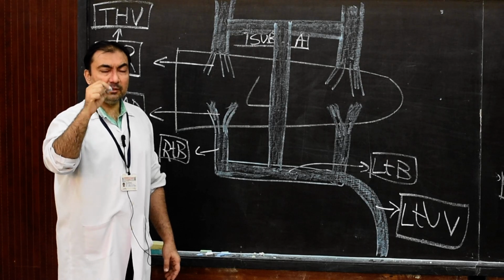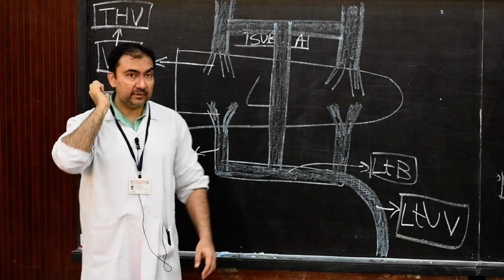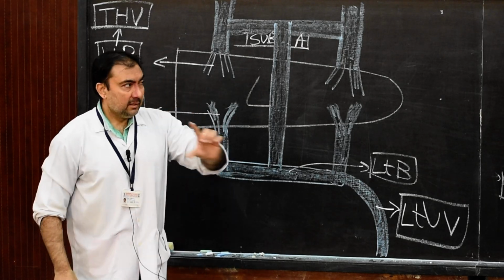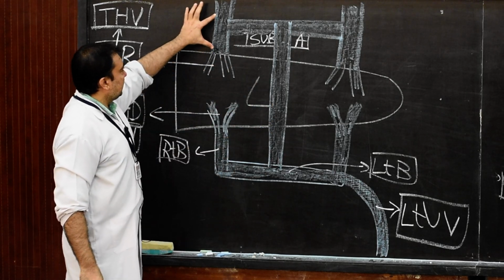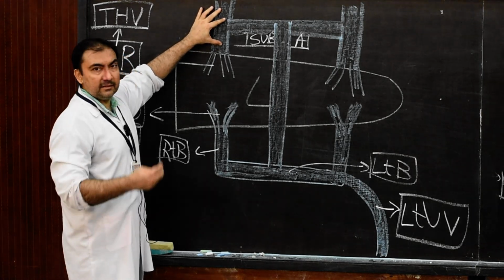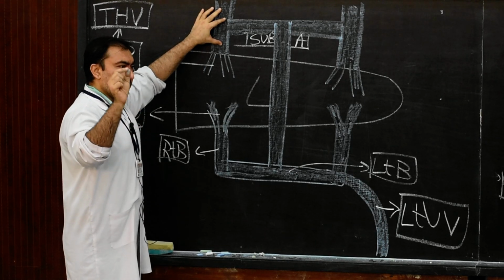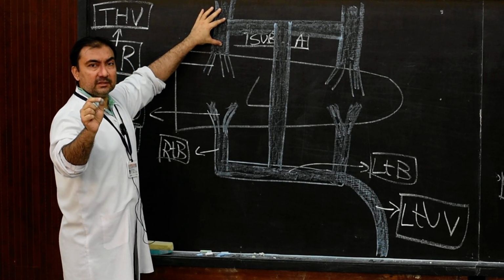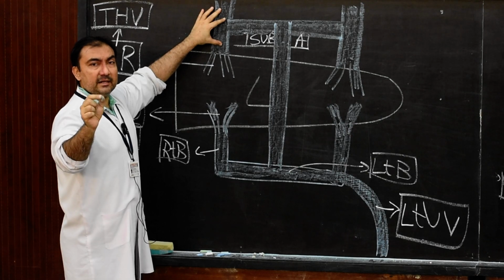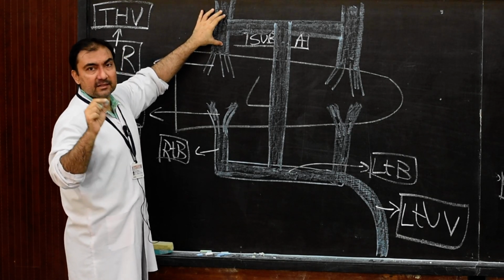Now, the 2 or 3 points which I am going to discuss will be asked as 1 mark questions, also in viva. The right vitelline vein, see here, lying in the suprahepatic region where my fingers are, will now develop into the hepatocardiac channel, also known as the cardiac channel.